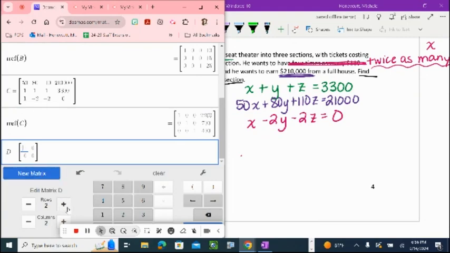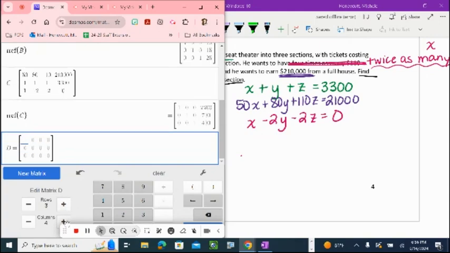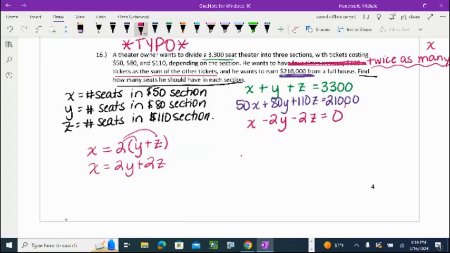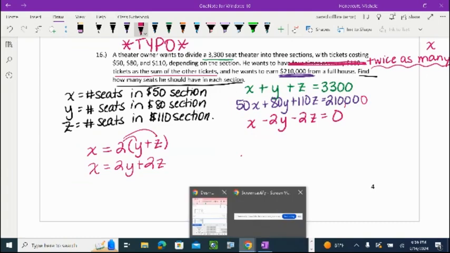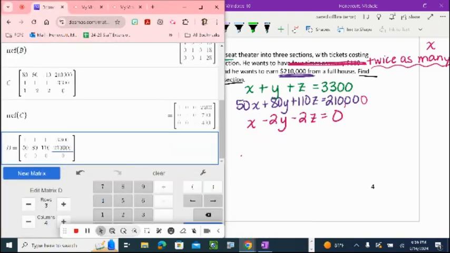I need 3 rows, 4 columns, 1, 1, 1, 3, 3, 0, 0, and I need 50, 80, 110, and 210. I think I need another 0 right there. 210,000. There we go. And then finally 1, negative 2, negative 2, and 0.